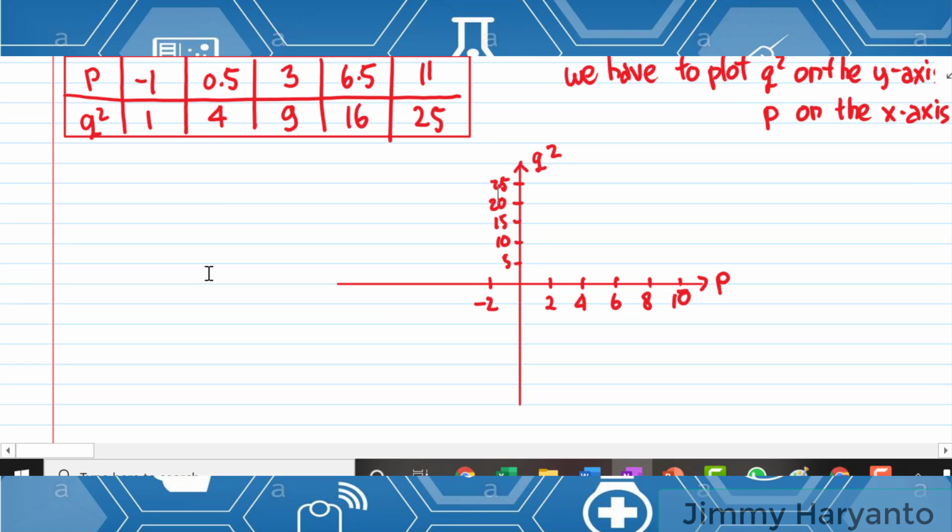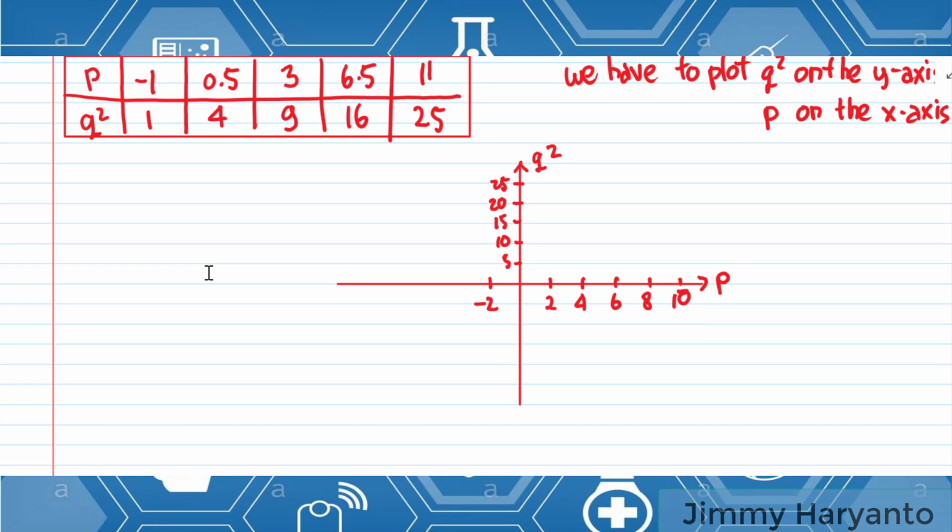Let's plot it. Okay, let's take 2 units for the x-axis and 5 units for the y-axis. So we plot negative 1 and 1, right here. And then 0.5, 4, right here.